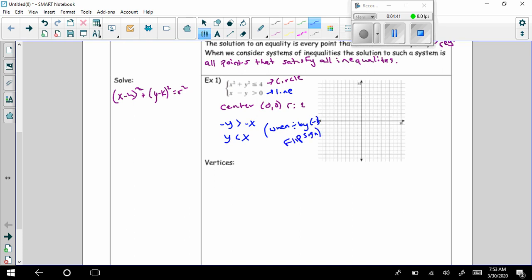So I'm going to start by graphing my circle. I have a center at 0, 0 and a radius of 2. Remember, I go 2 this way, 2 up, 2 left, 2 down, and I connect those points. This is a solid circle, so I'm going to connect them with a solid line.